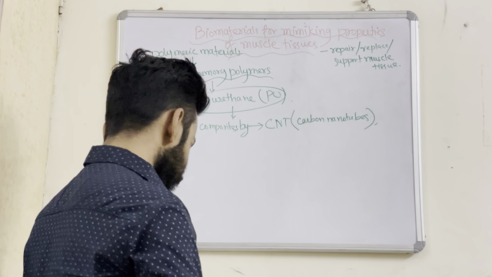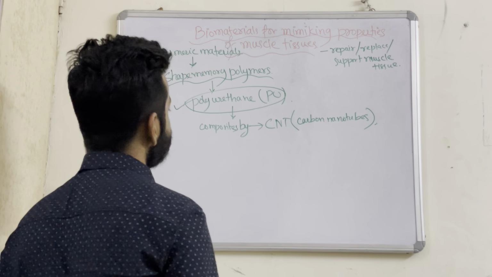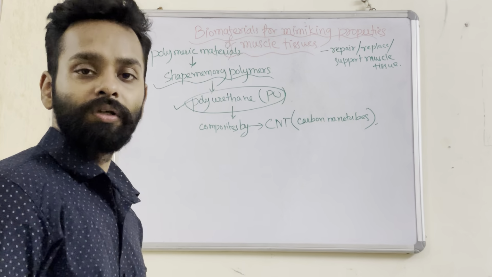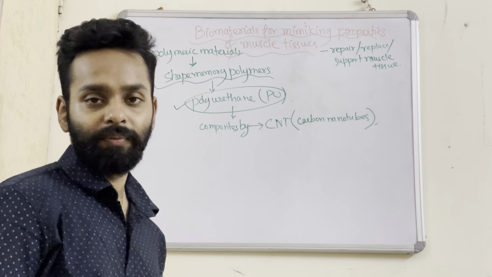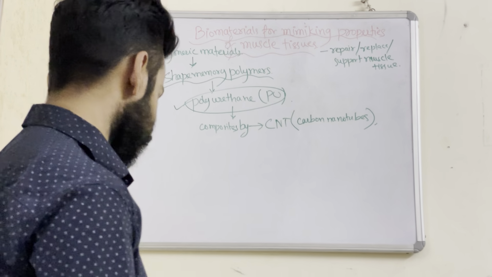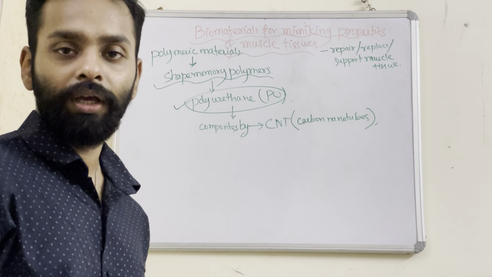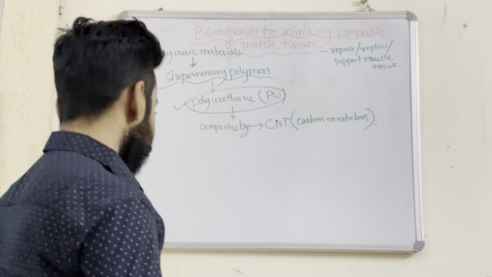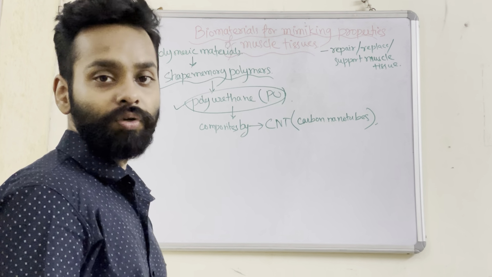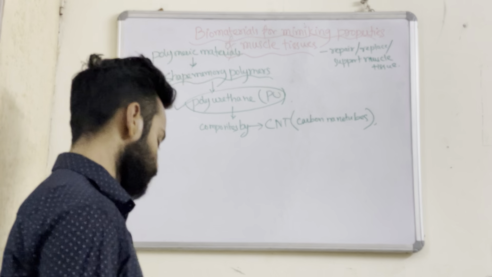Now once we are trying to make these types of muscles, we are trying to mimic the bulk properties of the muscle tissues using this type of composite system. So what we can look for in polyurethane is what causes its unique properties, what is responsible for its bulk properties being similar to those of muscle tissues.